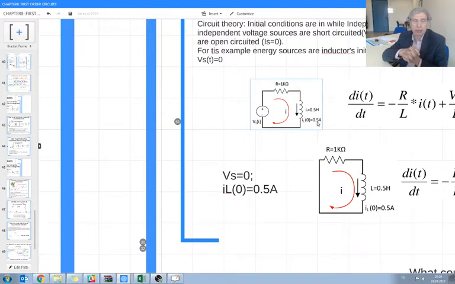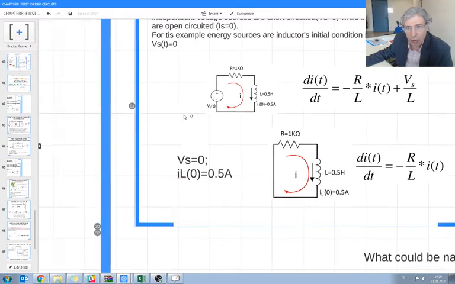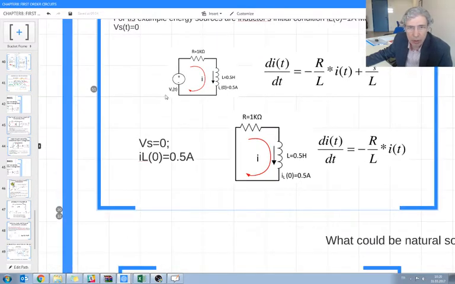What I mean is this. When only this voltage source is included in the circuit, or let's say the other way around, if this energy source is 0, that means the initial condition is 0, then the solution you are going to find is going to be like this.